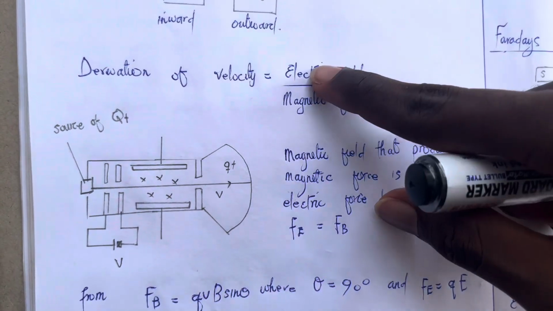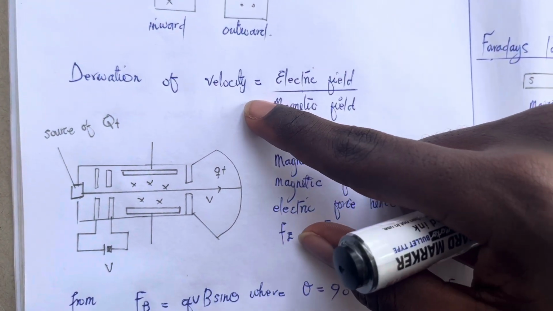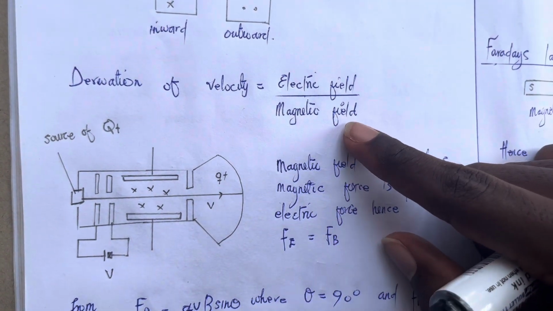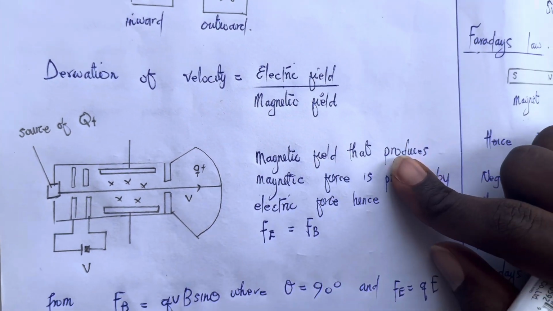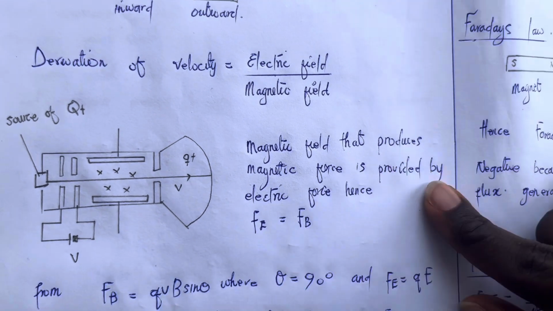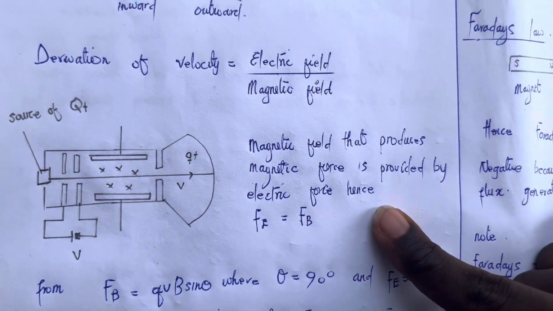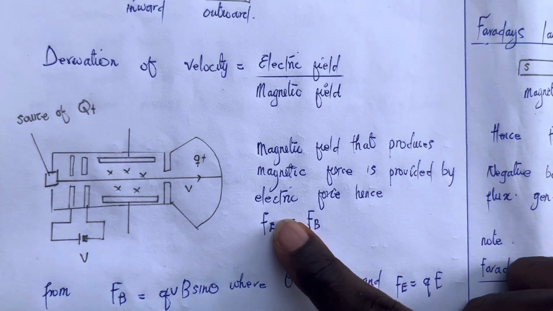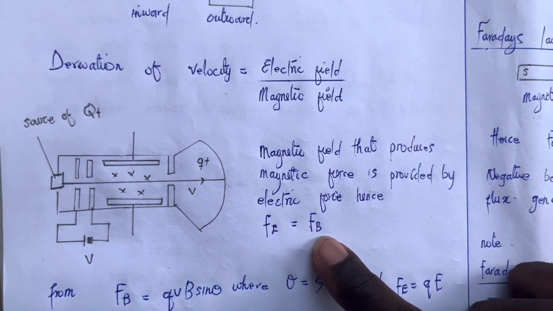From here we can derive an equation that velocity is equal to electric field divided by magnetic field. The magnetic force is balanced by the electric force. So at the end of the day, we can generate a formula that Fe, the electric force, is equal to Fb, the magnetic force.